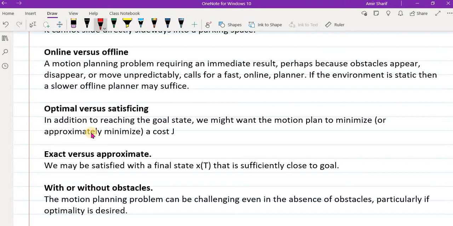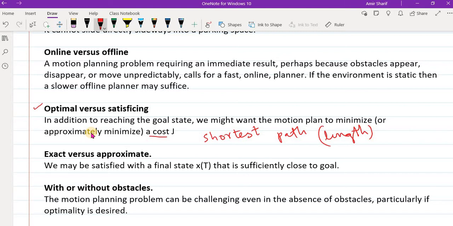In a specific case, we can say to minimize some kind of cost, because up till now we were talking only about finding a collision-free path from start to target position, but motion planning problems can also be optimal problems, where you have to find the shortest path, meaning the shortest length path, or you have to minimize some other criteria.